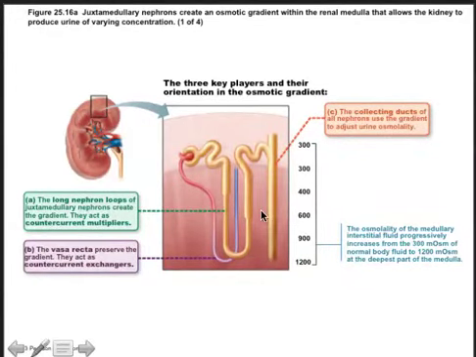The gradient gets less strong as we head back up towards the cortex. But it's this last movement of filtrate through the collecting duct which determines the ultimate concentration of the urine. And again, that is controlled by the interaction between this gradient, but also by the permeability of the collecting duct to water proper, which is governed by mostly ADH.